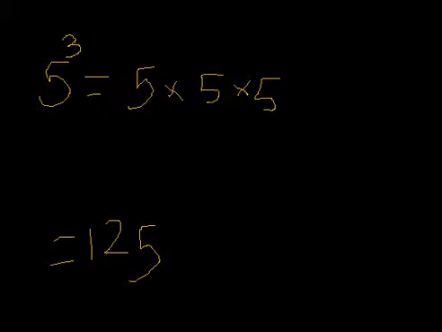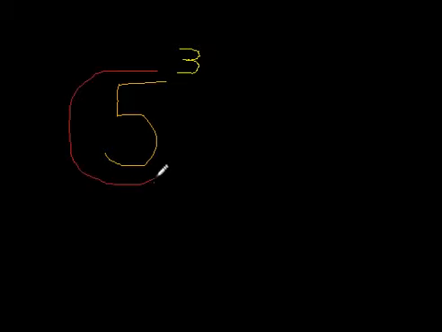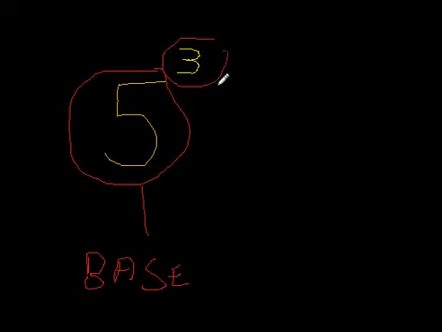Let's break down what an exponent is and the different attributes. So here, the 5 and the 3. The 5 is called the base, and the 3 is called the exponent.